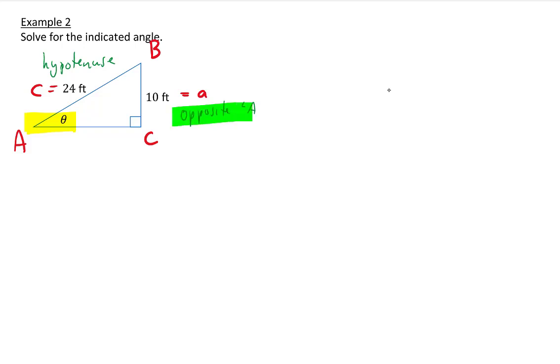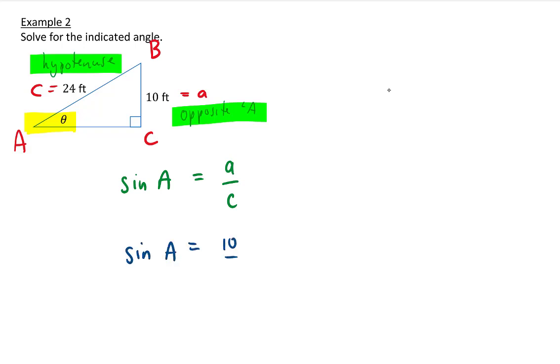So we need a ratio that has opposite and hypotenuse in it. And that ratio would be our sine ratio. So sine of our angle of focus A is equal to side A over side C, the opposite side over the hypotenuse. Next we sub in our values. So we have sine of theta, or sine of A, is equal to 10 over 24.